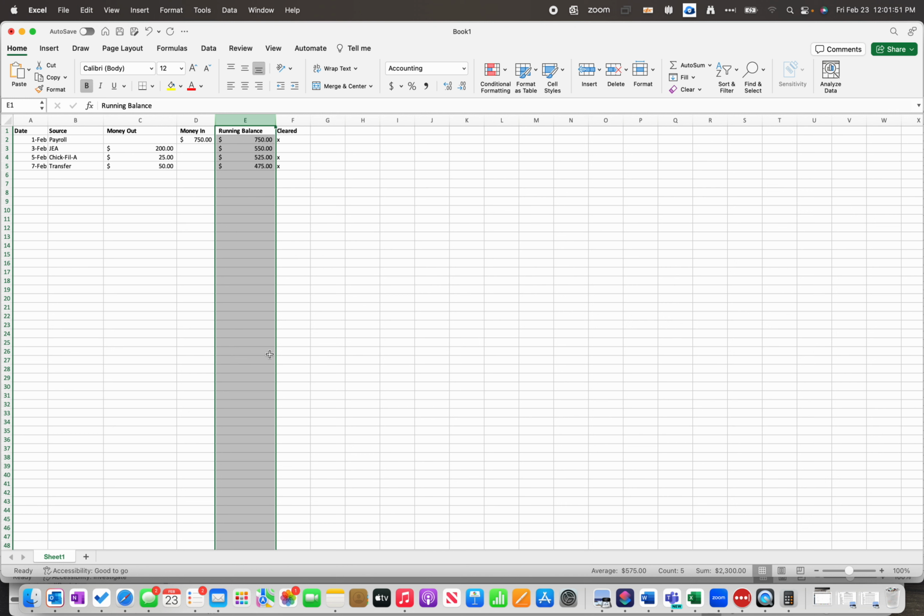Now, a lot of banks will offer services to help you, what you call balance your checkbook. That's doing this very thing. It's just taking your own personal ledger, making sure that the transactions you've done are accounted for on your ledger and that you're able to balance it back and forth.